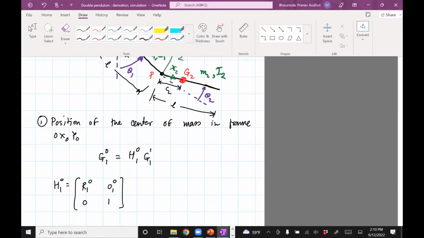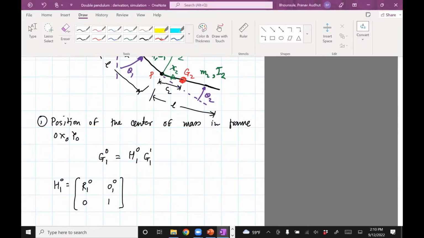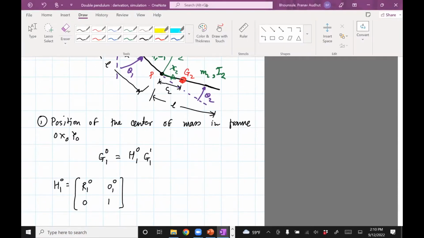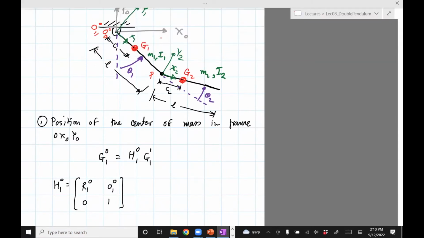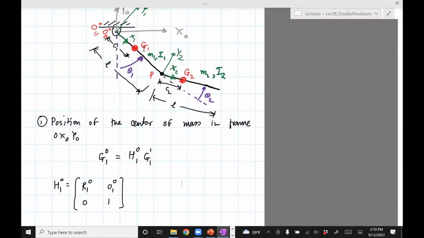So here it happens that this is O00, but it's also O10. Okay, so let's write those things down. Now, we know that the rotation matrix is 2 by 2. It's like cosine theta, minus sine theta, sine theta, cosine theta, right?